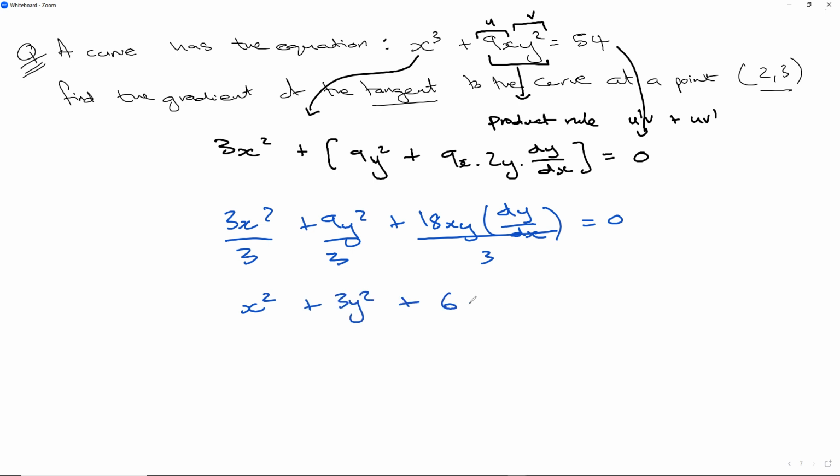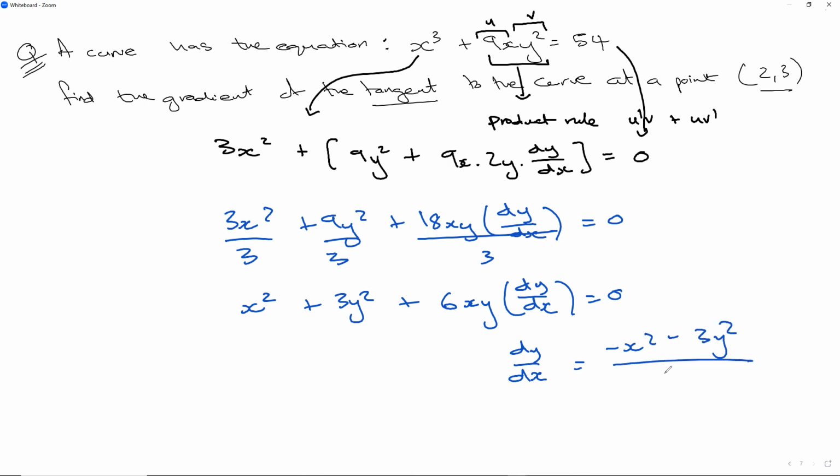I could also do that in the next step. So 6xy times dy/dx equals 0. Move everything over to the other side, and I get dy/dx equals negative x squared minus 3y squared, all divided by 6xy once I divide at the bottom.